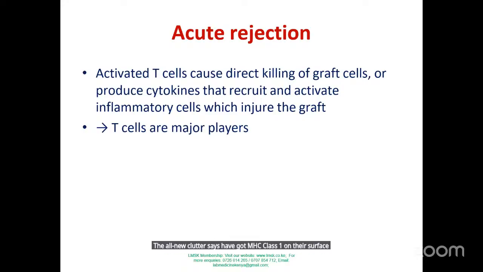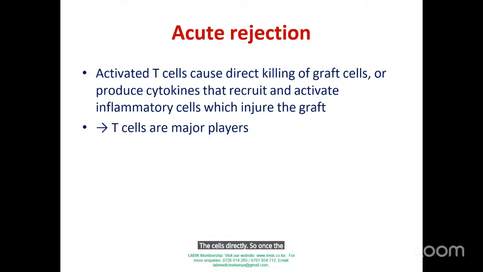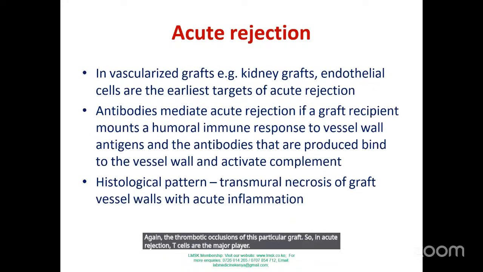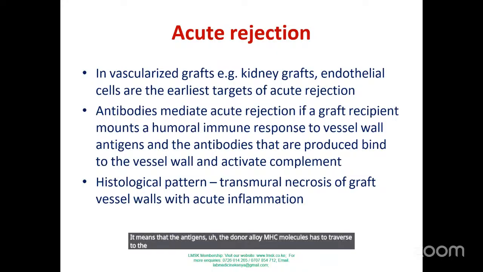So once we have got effector or cytotoxic T lymphocytes, they will traffic to the organ and attack the cells directly. Once the cells have been attacked directly, they cause injury, and again the thrombotic occlusions of this particular graft. So in acute rejection, T cells are the major player. It means that the donor allo-MHC molecules have to traverse to the lymph nodes of the recipient.